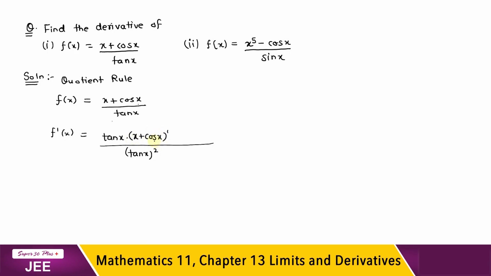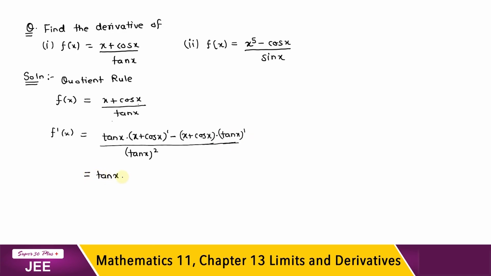Dash means the derivative of that function with respect to x, minus, now the numerator function is to be written as it is, x plus cos x, multiplied by the derivative of the function in the denominator, which is represented by tan x dash. Again, dash implies the derivative of tan x with respect to x. Alright, so far we have just applied the formula of the quotient rule. Now let's do the derivative.